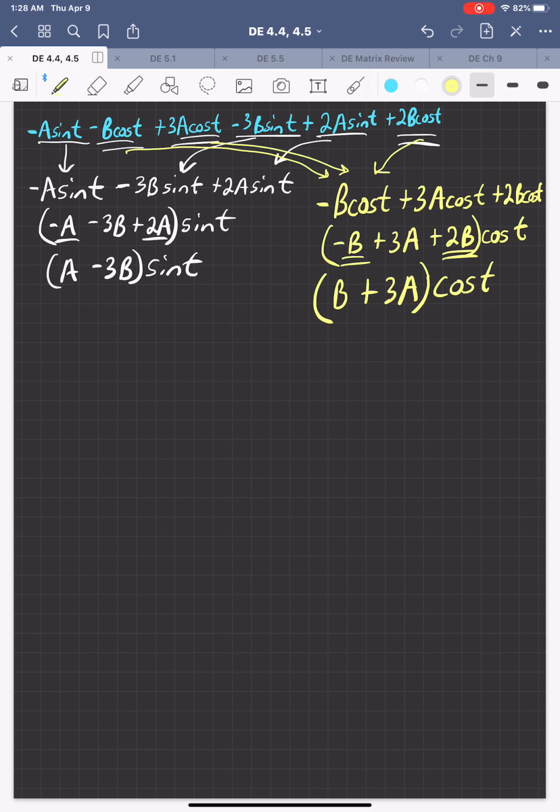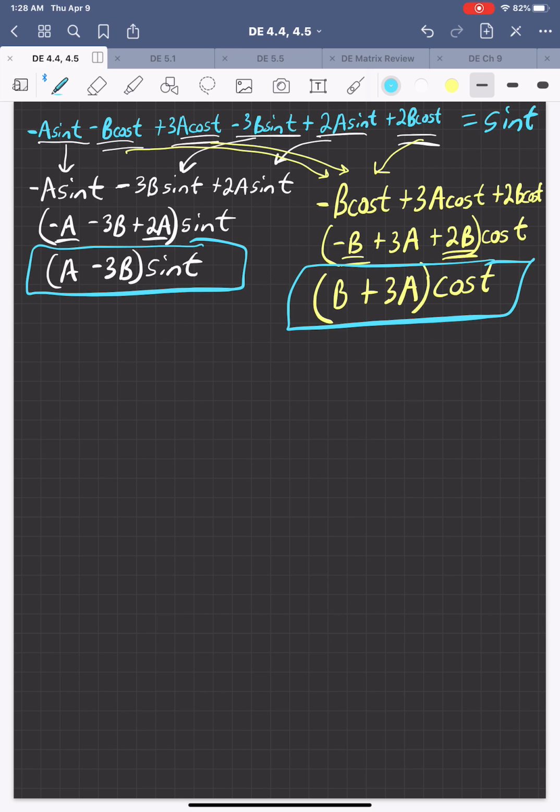Are you with me that this was all equal to sine of t? So now let me rewrite this equation now that I've simplified it.